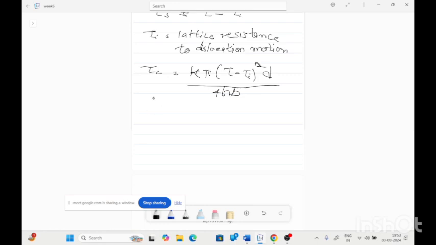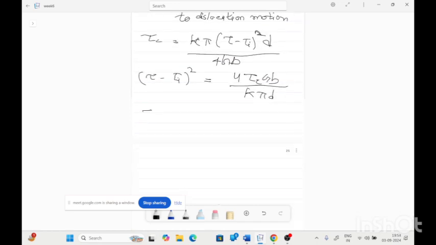So if we rearrange this equation, (tau minus tau_i) squared equals 4 tau_c G b by k pi D. Taking the square root, tau minus tau_i equals the square root of 4 tau_c G b by k pi D.